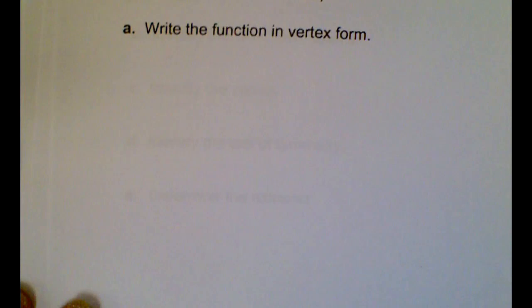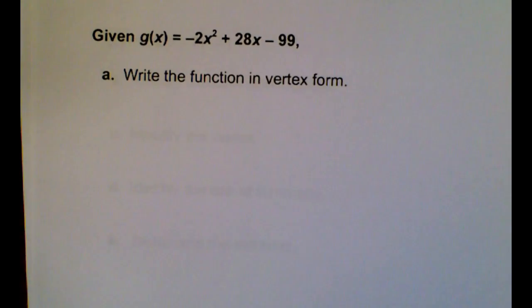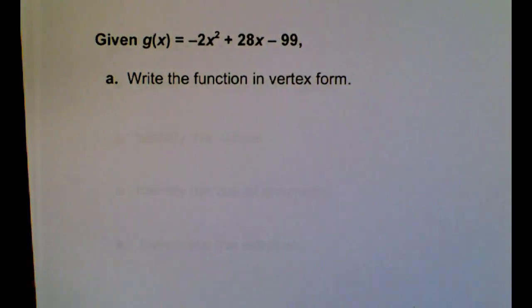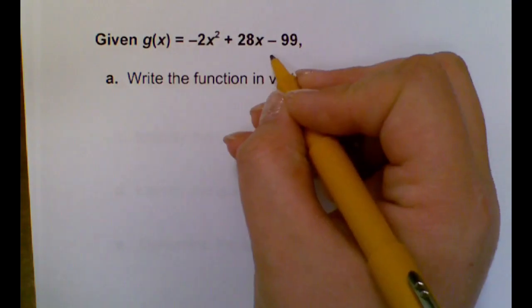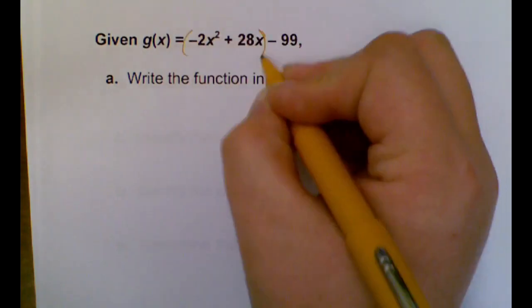All right, now we have a function that's not in vertex form. So we have to start by writing it in vertex form. And this requires a slightly different step from completing the square. Because we're not really working with two sides of an equation here, we're just going to work on one side. So we start by separating our x terms.